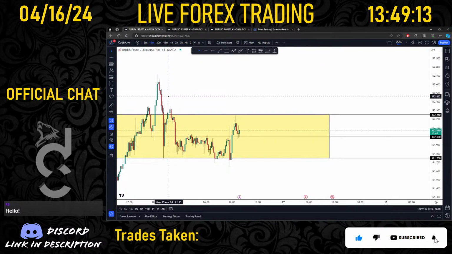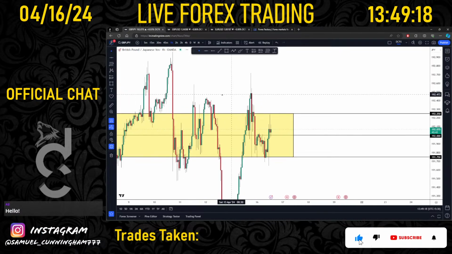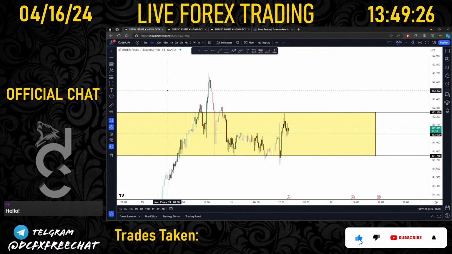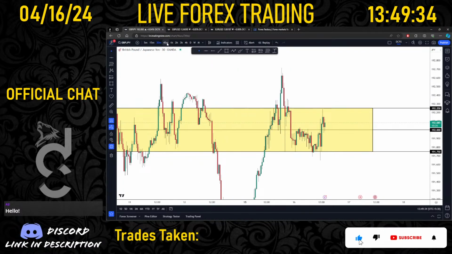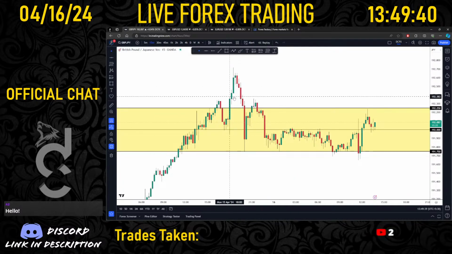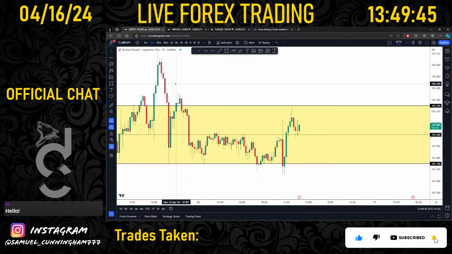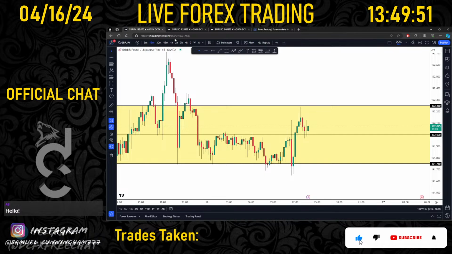No wonder GJ is going up. Yeah, GJ has potential to continue up. Only problem with GJ is no engulfing yet. Let's see.